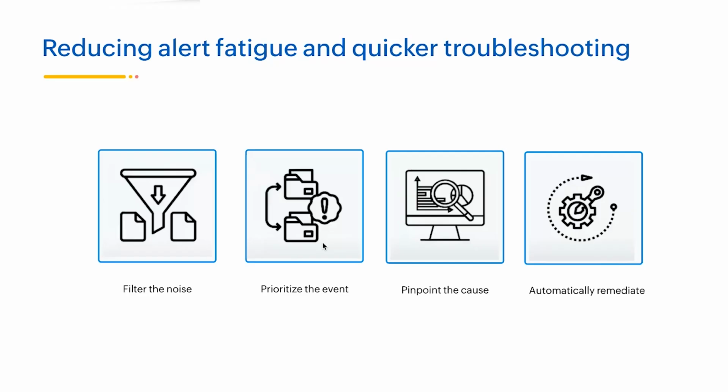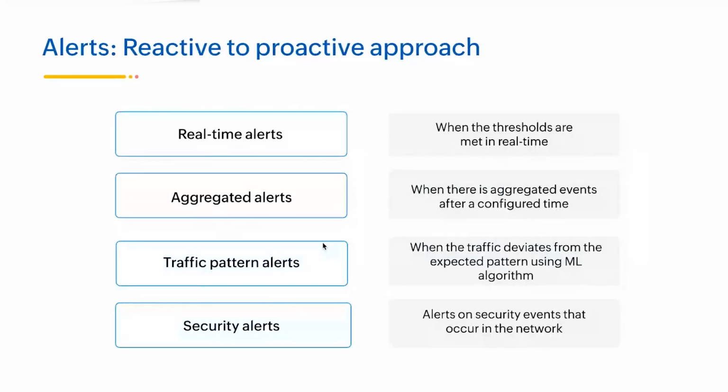Alerts from NetFlow Analyzer help you automate risk management by letting you set thresholds and alarms to notify you at the earliest sign of trouble. We've got your monitoring troubles covered with real-time alerts, aggregated alerts, traffic pattern alerts, and security alerts.